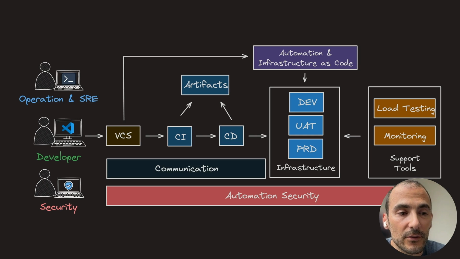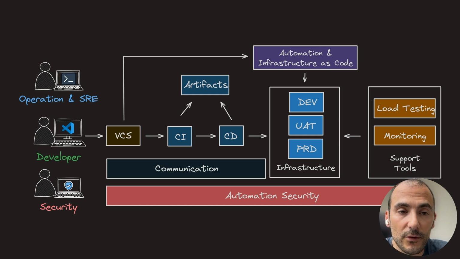So we have the developer team creating the code, committing it in a source repository, and the moment the source repository gets an update, for example, in a specific branch, the CI system kicks off, creates an artifact, and this artifact then gets deployed on the infrastructure.